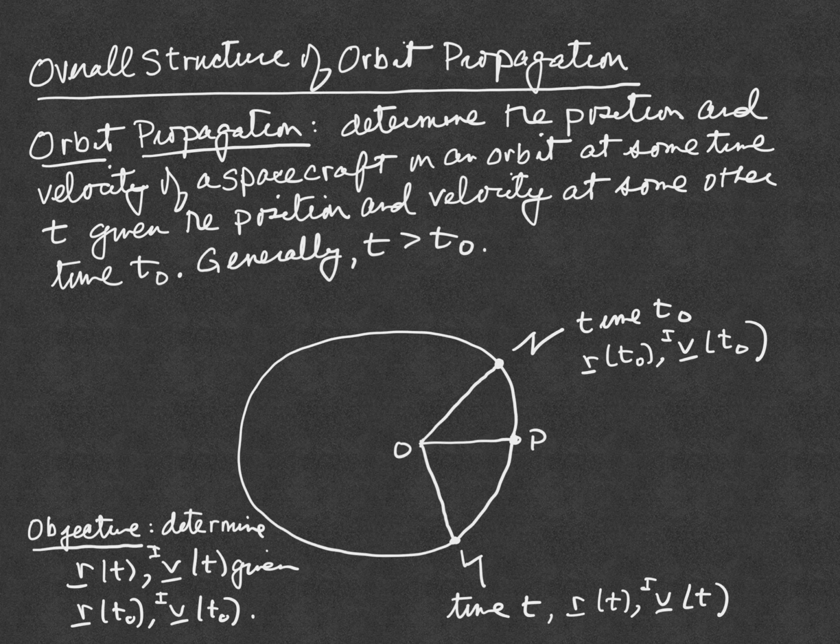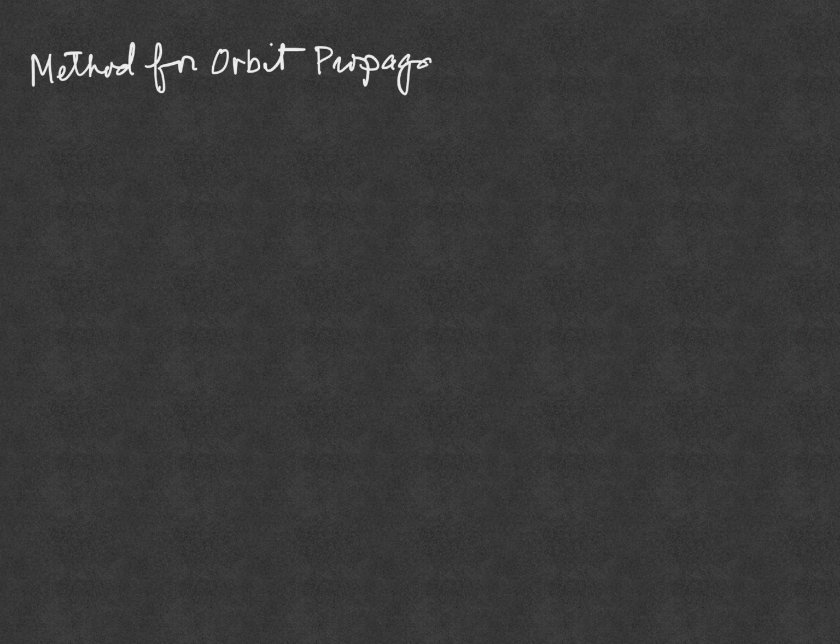Now what we're going to do is provide a method for computing the position and the inertial velocity at some later time t, given the position and the inertial velocity at some earlier time t0. So this is the method for orbit propagation. And it's going to use Kepler's equation. And we're going to assume that we are on an elliptic orbit. So that's the first assumption.